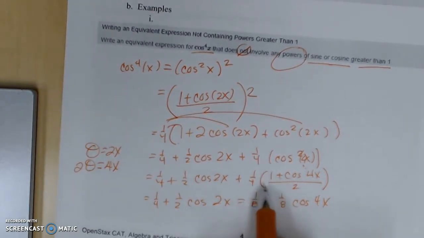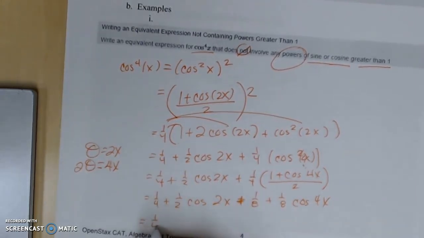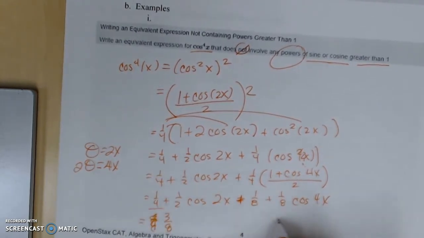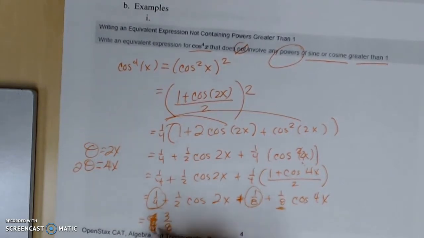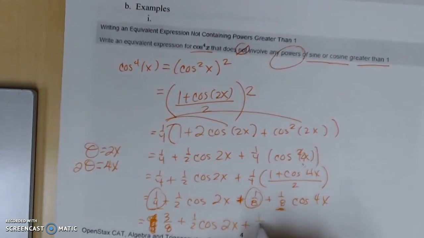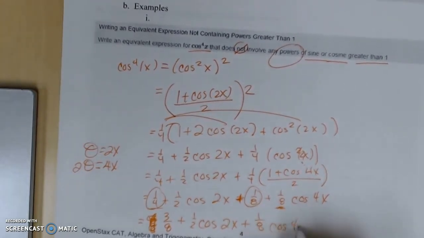So here's your 1/8 plus 1/8 of cosine 4x. And then combining like terms accordingly, it gives me 3/8 plus 1/2 cosine of 2x plus 1/8 cosine of 4x.